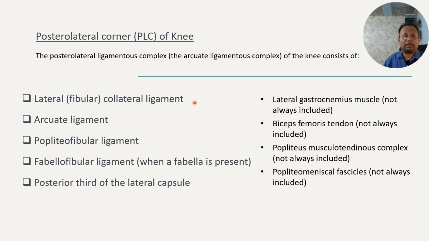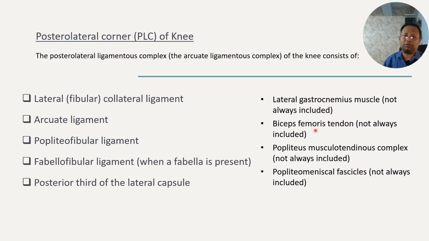The lateral collateral ligament is a part of those 5 structures, whereas in the posteromedial corner the medial collateral ligament was not included. Then come a few small ligaments: one is the arcuate ligament, then the popliteofibular ligament, the fabellofibular ligament if the fabella is present, and then the posterior third of the lateral capsule.